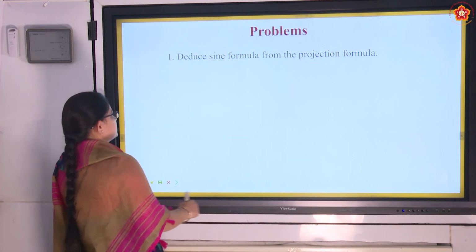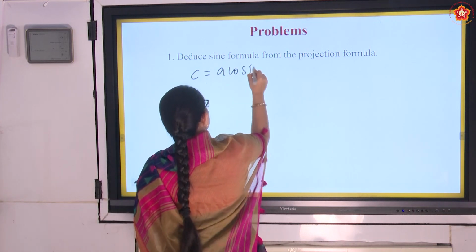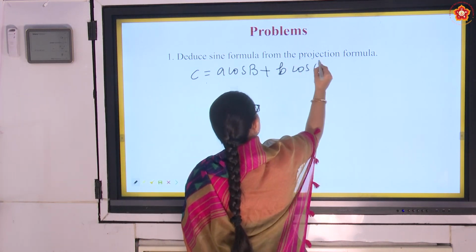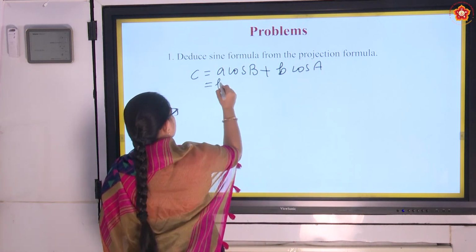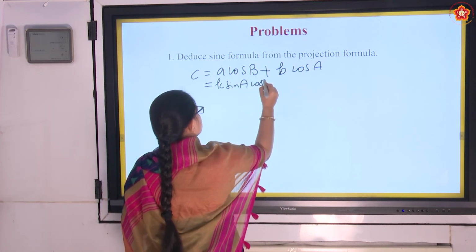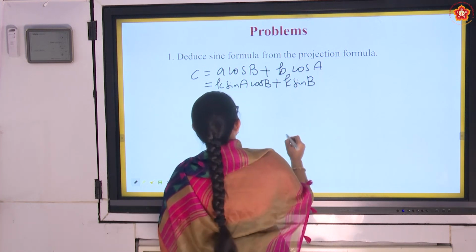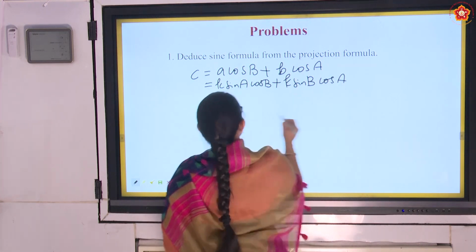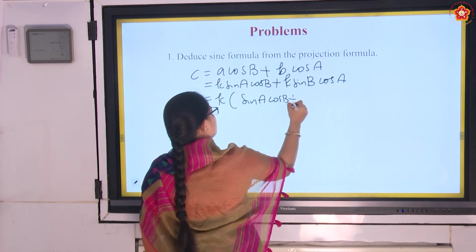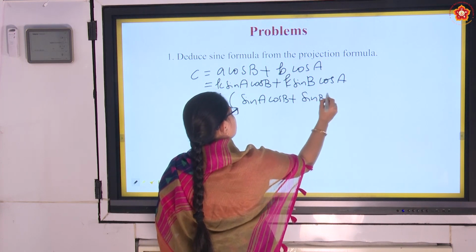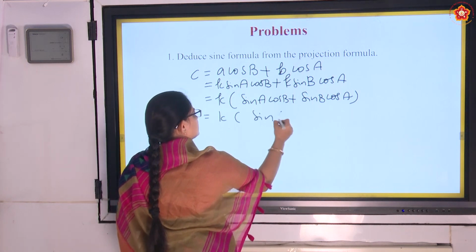Now let us take the third one, that is c is equal to a cos B plus b cos A. We can substitute a as K sin A and b as K sin B, so we get K sin A cos B plus K sin B cos A. So we can take K out. So we get sin A cos B plus sin B cos A. So this is nothing but sin (A plus B).